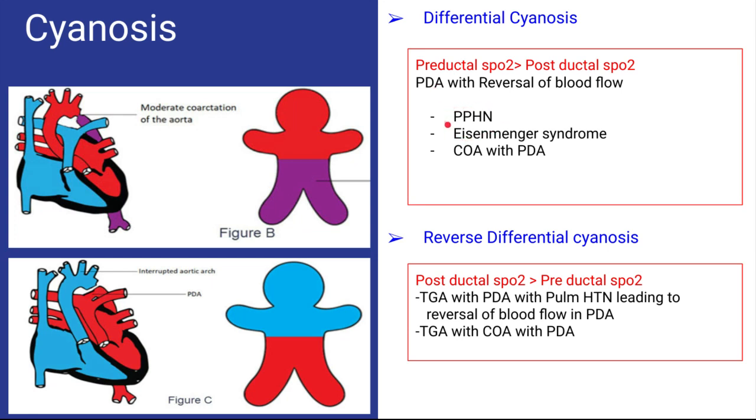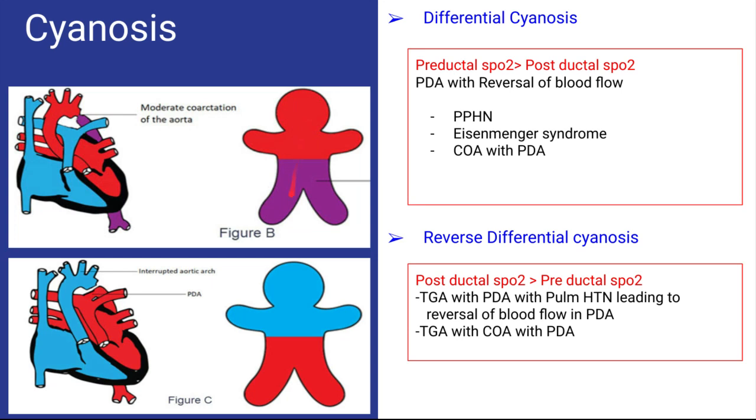So the first example is persistent pulmonary hypertension of newborn, then Eisenmenger syndrome in ASD, VSD and PDA, and coarctation of aorta with patent ductus arteriosus. So this is an example of coarctation of aorta with PDA. It will lead to decreased saturation in the lower limb and normal saturation in both upper limbs.